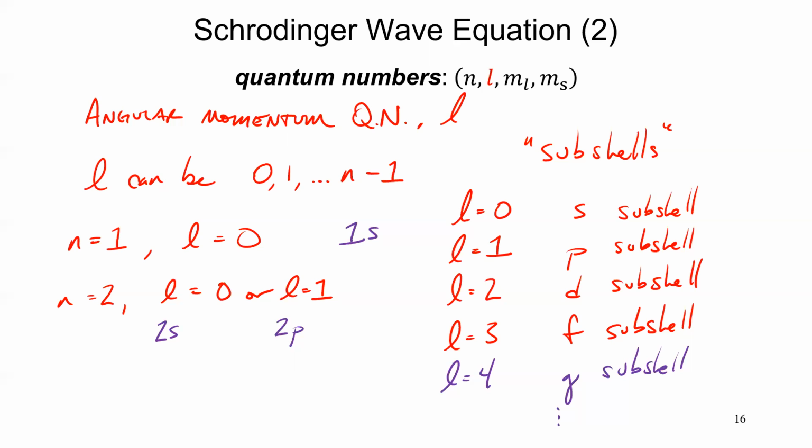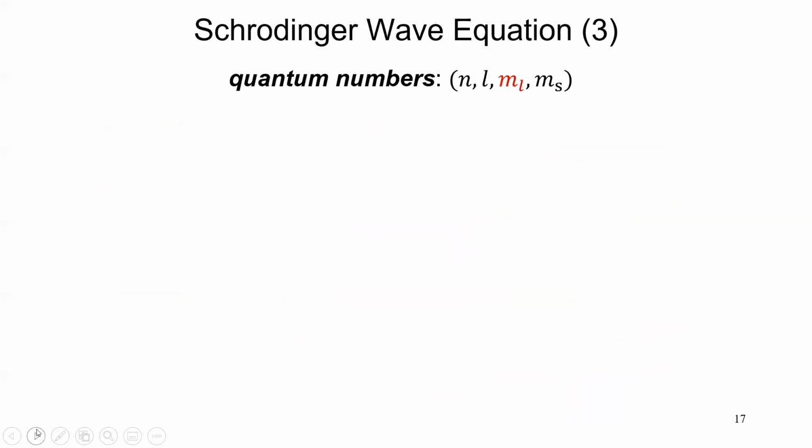All right, so we're going to move one step deeper into the wave equation and talk about m sub L. m sub L is the magnetic quantum number. It talks about the magnetic properties of the electron.